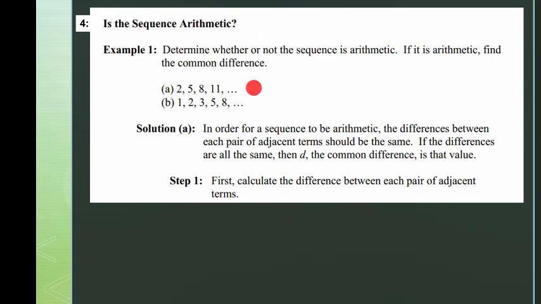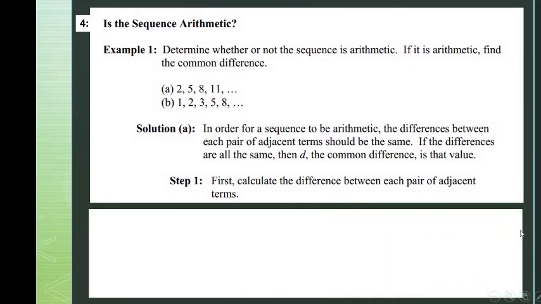Let's begin with the first one. If you make, for example, 5 minus 2, you will get 3. And if you make 8 minus 5, which is the previous term, you will get also 3.